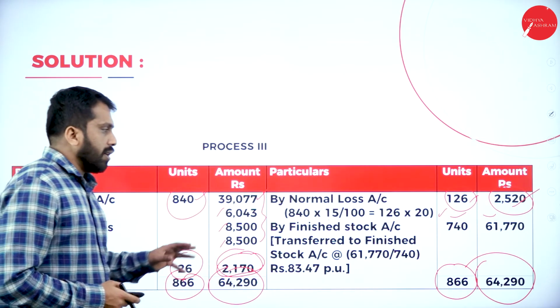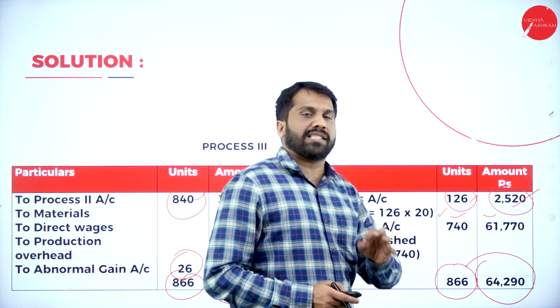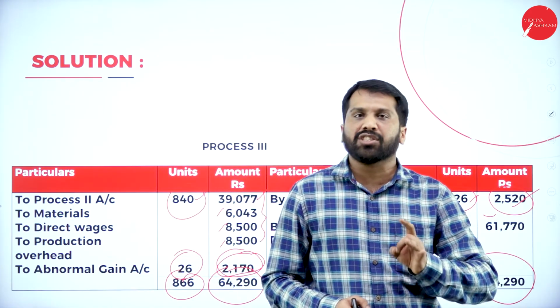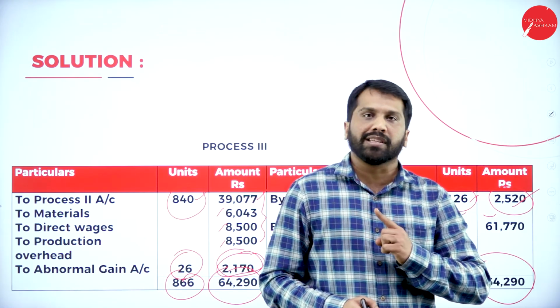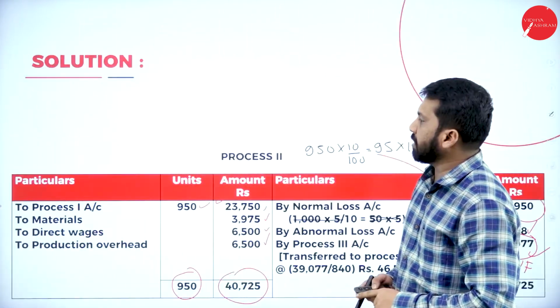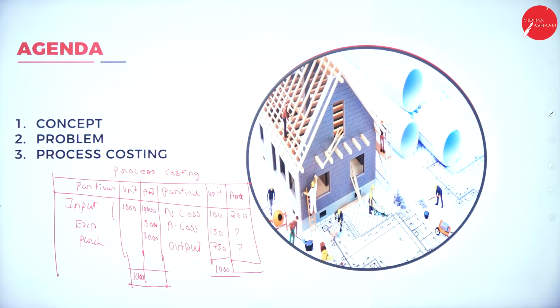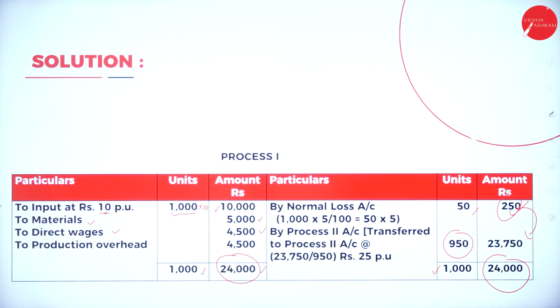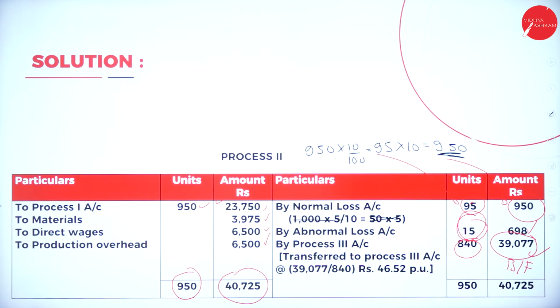Now, please work out at home. Simply if you see, you will not understand. But it is easiest if you work it out. Now, I'll go back to all the slides. So this is your format. Your problem number 1. Process 1. Process 2.